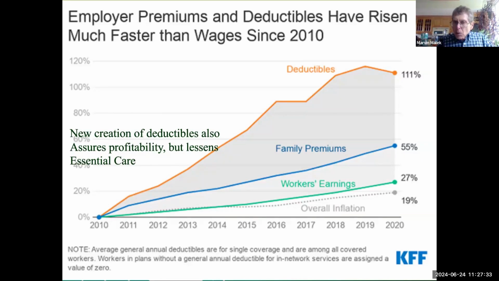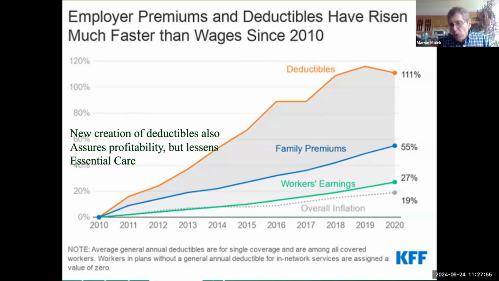Now, the other motive for high deductibles, why insurance companies like high deductibles more than high premiums, is that if you actually have a choice of policies, the policy with the high deductible is going to be cheaper. And the insurance company itself is going to pay less.